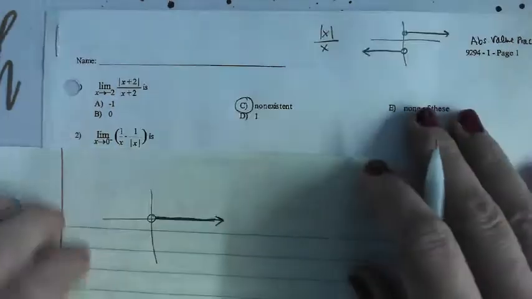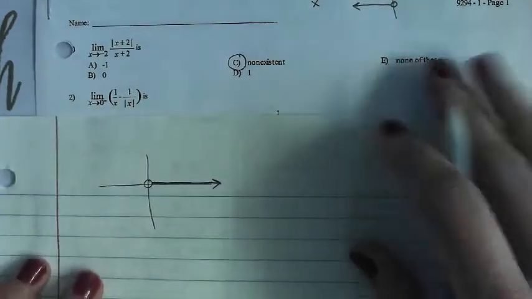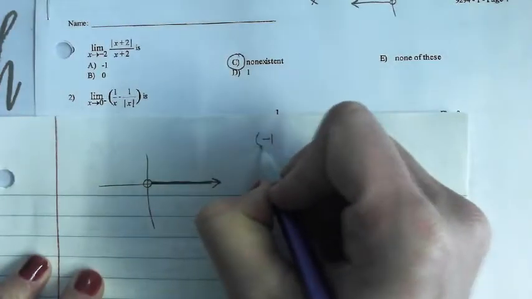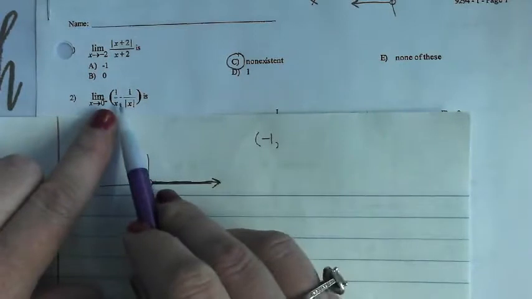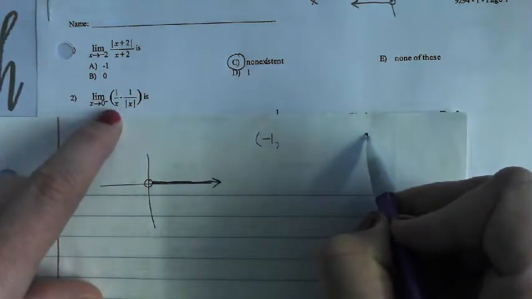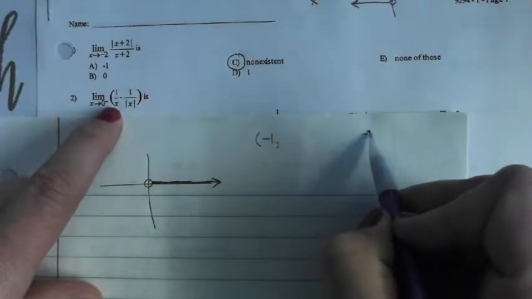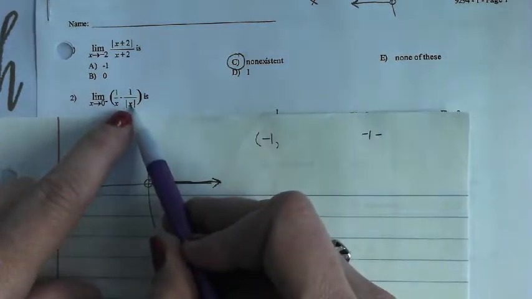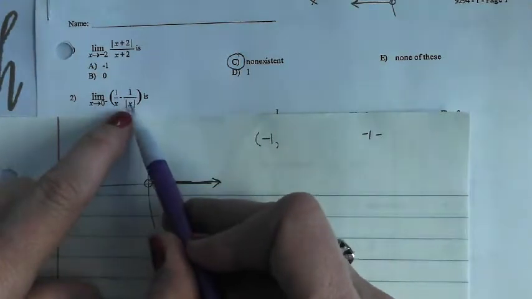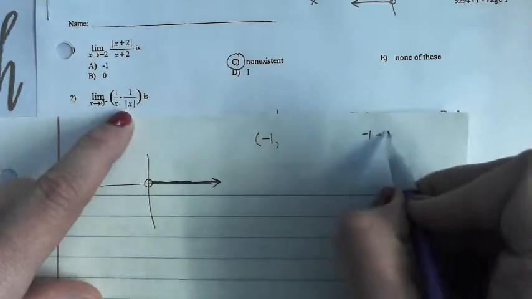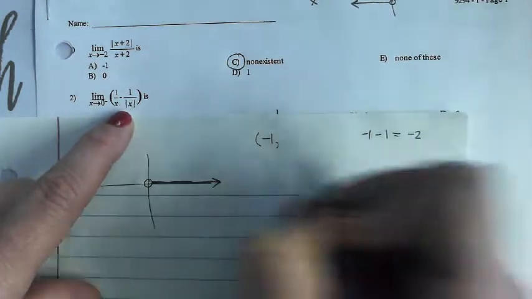But let's look at what happens to the left of 0. So if I were to plug in, let's say, a negative 1, my y coordinate would be 1 over negative 1 is negative 1, minus the absolute value of negative 1, which would be 1, and 1 over 1 would be 1. So that would be overall negative 2.